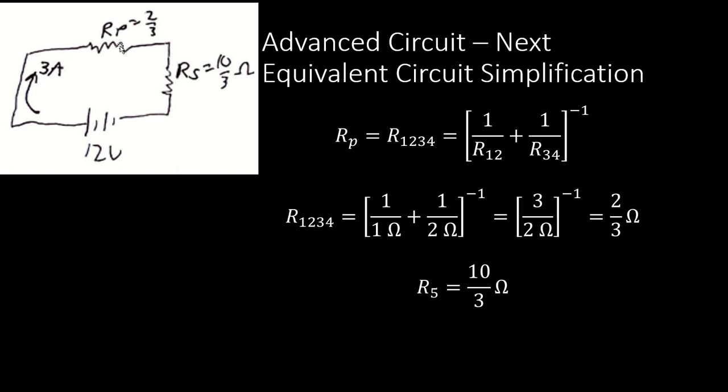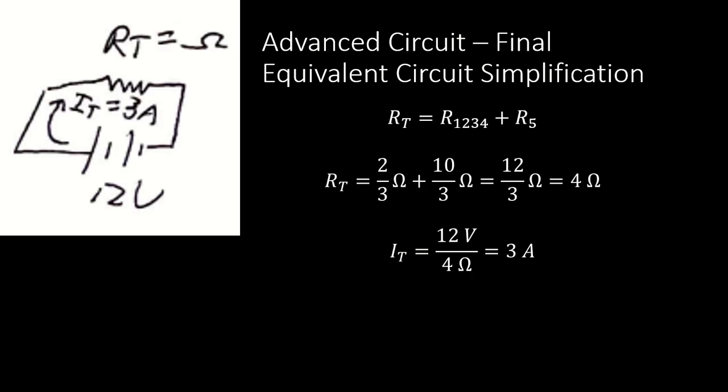And now this parallel simplified resistance is in series with resistor 5. So to simplify that one, we now have our total equivalent resistance of R1, 2, 3, 4 plus R5, because they're both in series, and they all add up to 4 ohms.